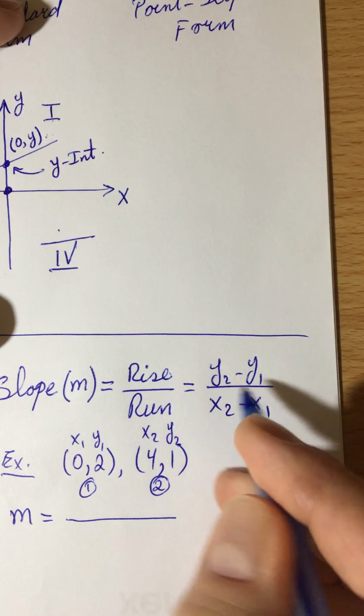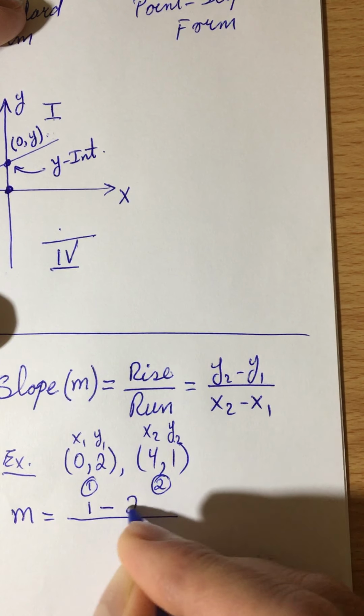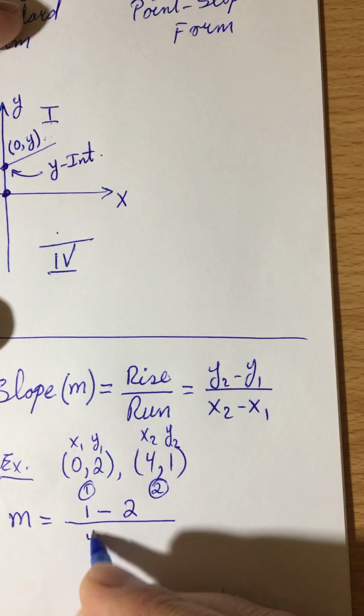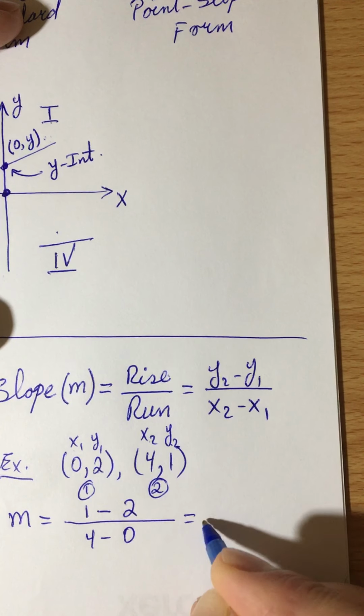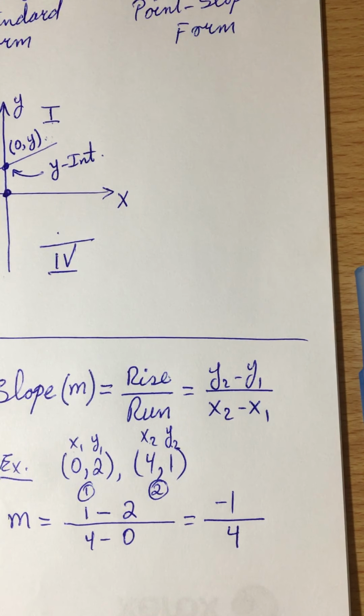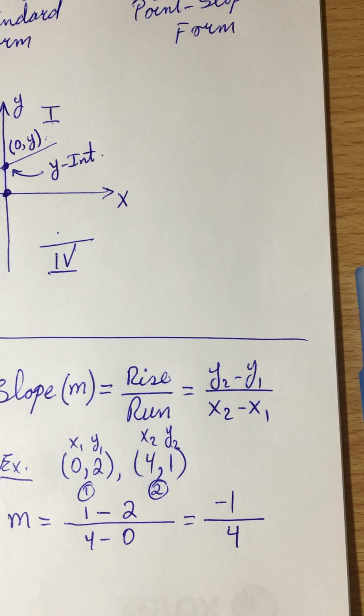So you just plug it in. y2 minus y1, so 1 minus 2, over x2 minus x1, 4 minus 0. So you get negative 1 over 4. So there's your slope for the line that passes through these 2 points.